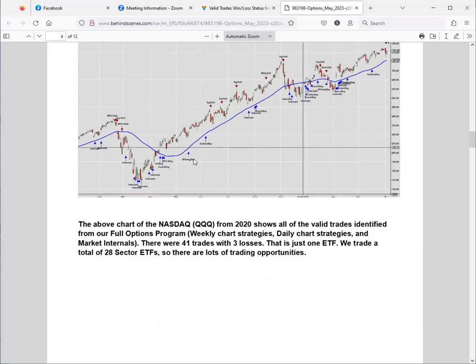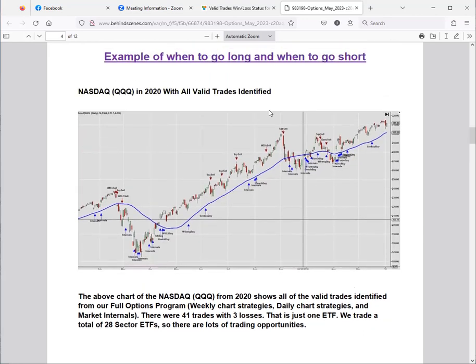I did this just to create a visual, because usually you can't appreciate things until you get a good visual representation of it. So I laid all the trades out graphically on the chart so people can see what it looks like to commit to trading one symbol and how effective it can be.